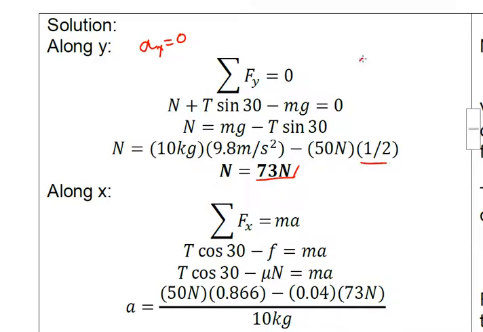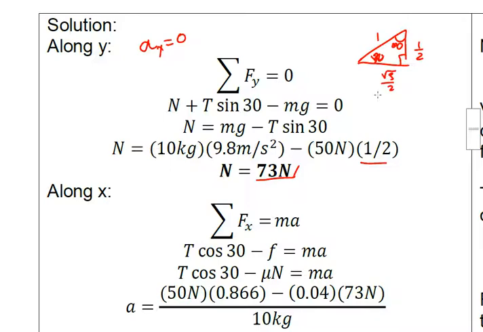You may recall, you have here this 30, 60, 90 triangle. So this is special. This part here is of course 1/2, this part here is square root of 3 over 2, and then you have here 1. Remember that sine 30 is 1/2.